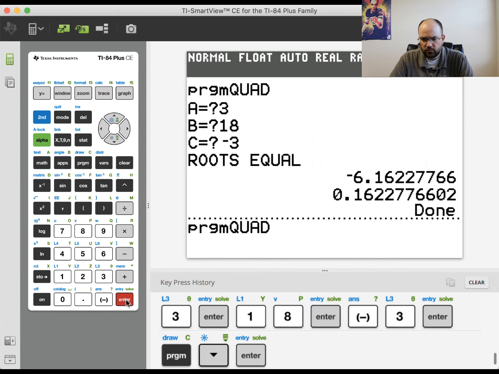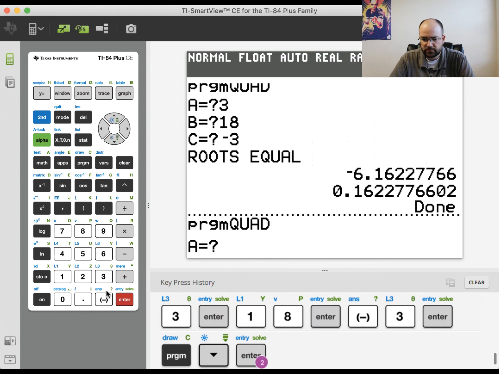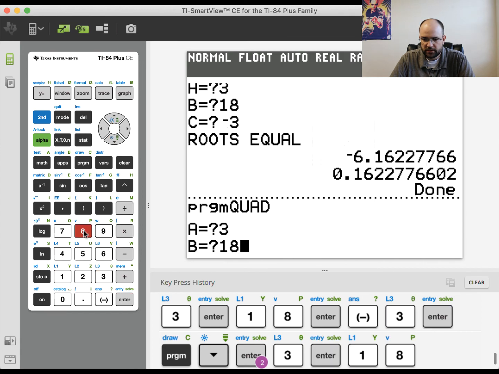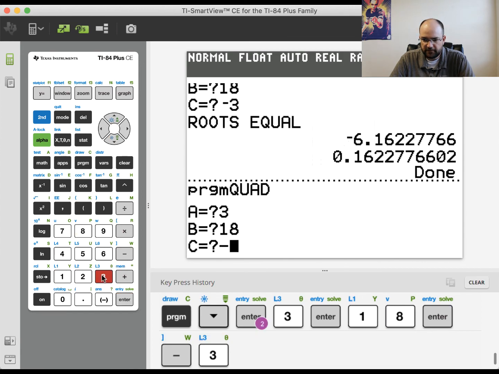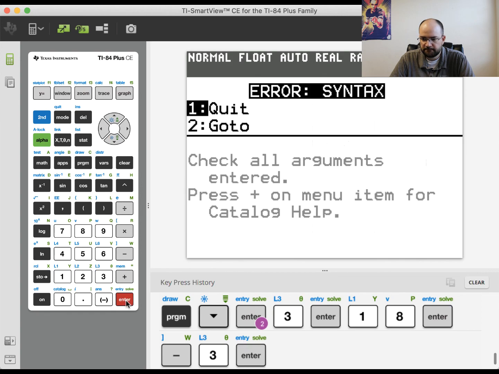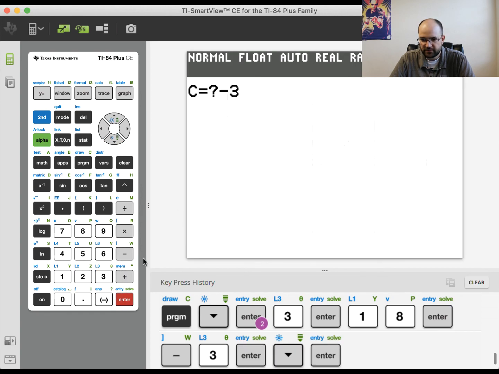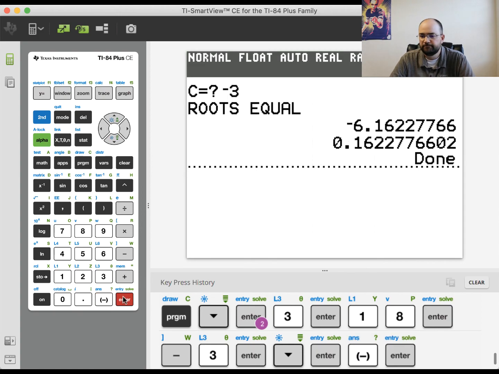I don't think it works, but I just want to see. So 3, 18, I'm fairly confident it's going to give me an error. Yep, syntax. So if I do negative and click enter, it works now. Alrighty. That's pretty much all I do on the calculator.